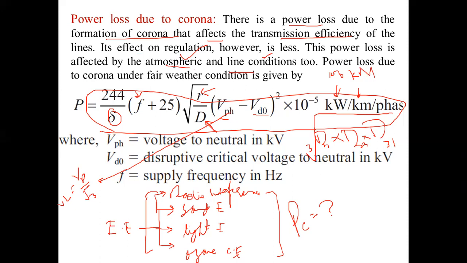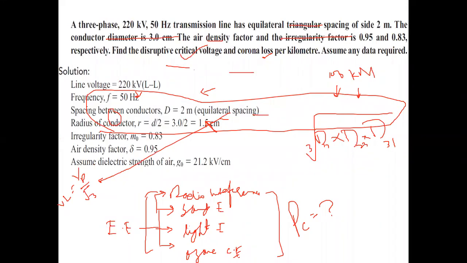So move on to the next slide, in which we perform a numerical based on the previous formula. A three phase 220 kV line, this is the line value, with 50 hertz frequency, has an equilateral triangular spacing, each side 2 meters. We convert it to centimeters, 200 centimeters.